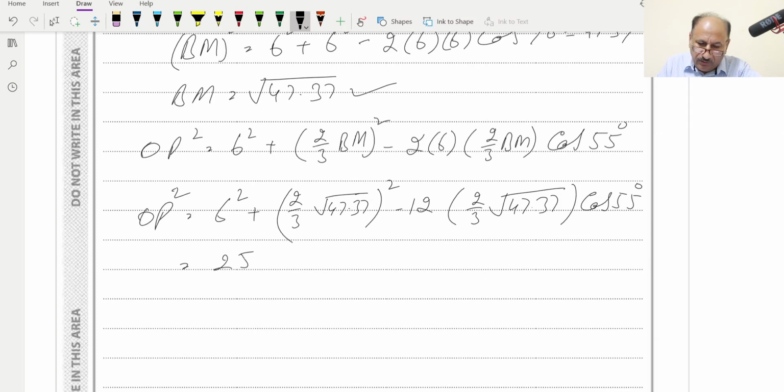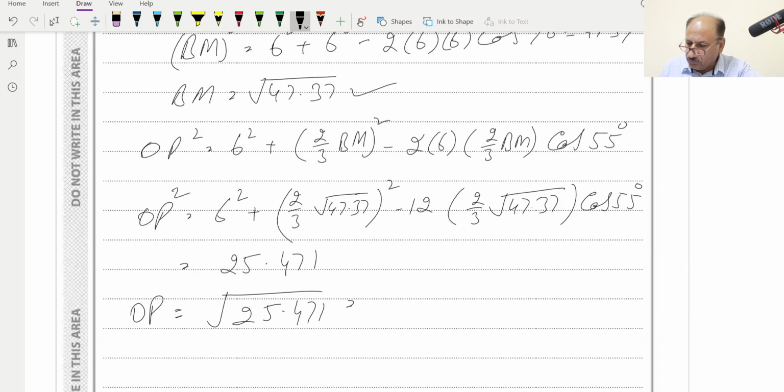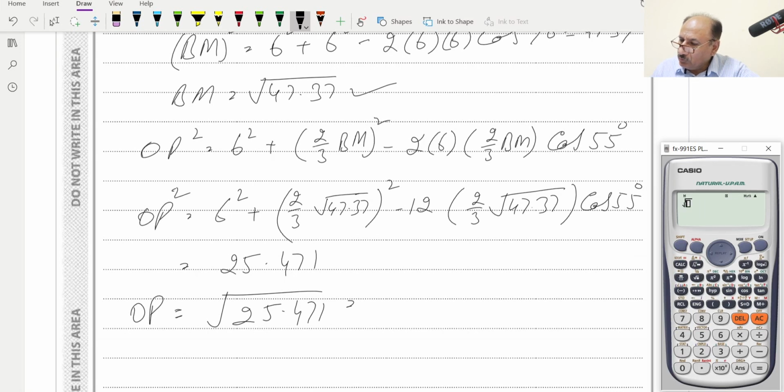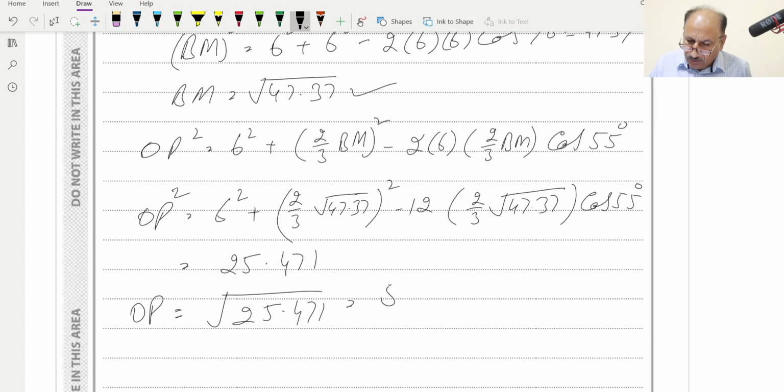25.471. So OP will be equal to the square root of 25.471, which gives 5.046, or we can write 5.05.